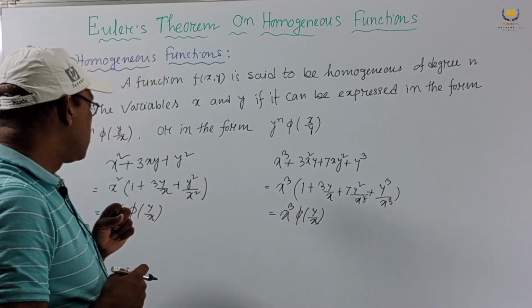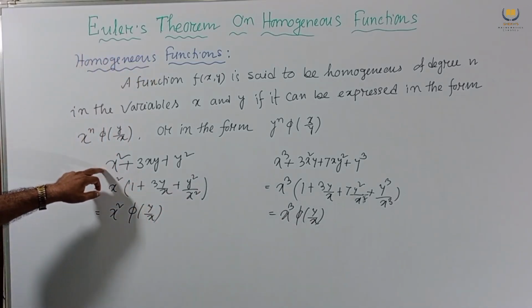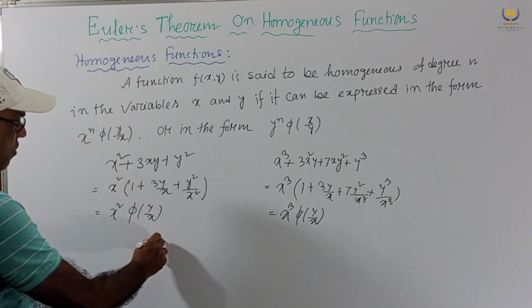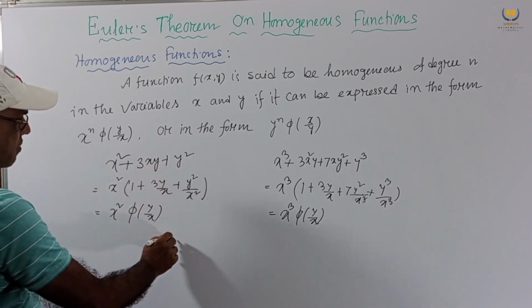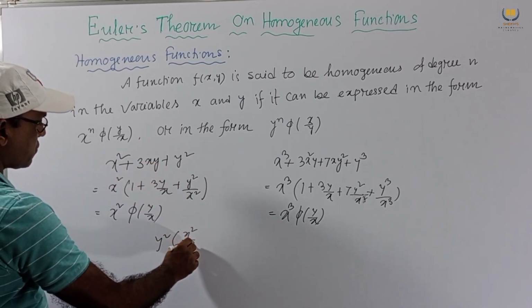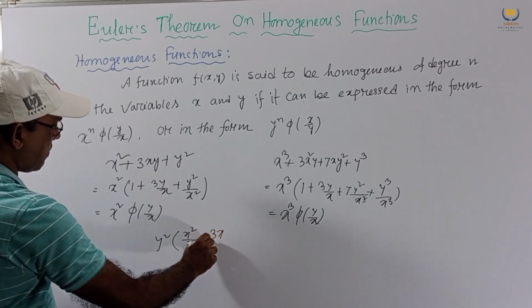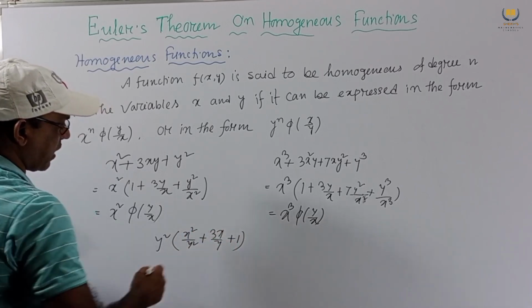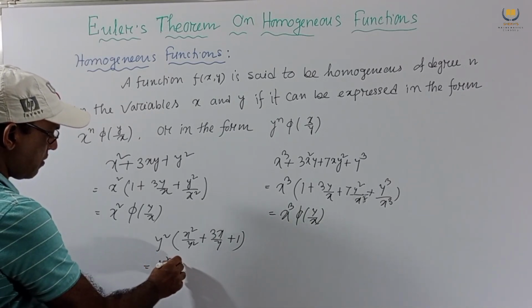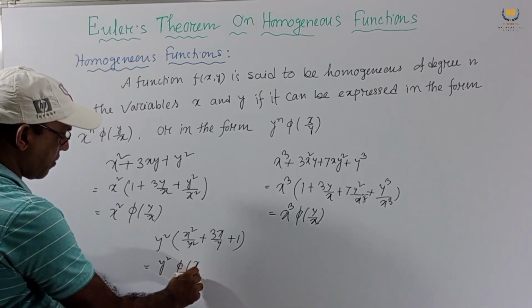Similarly, if we take y square common from this, then here we get x square by y square, 3x by y, plus 1. Or we can write y square phi of x by y.